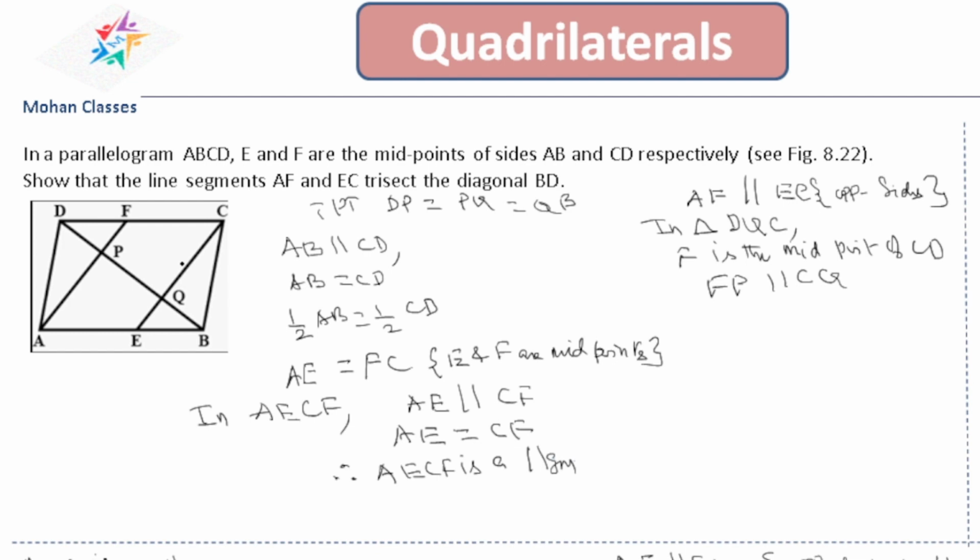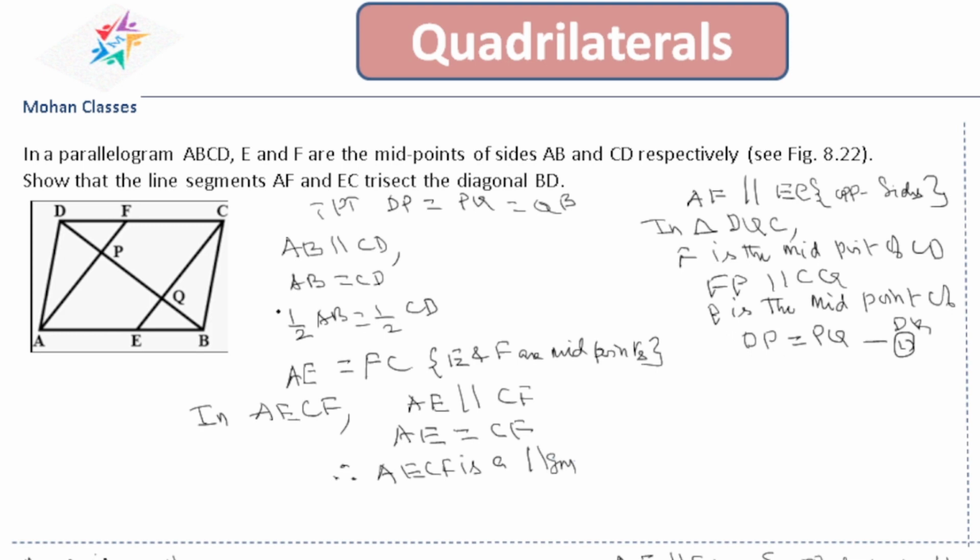That is the theorem. So that means P is the midpoint of DQ. So that means DP is equal to PQ. Clear? You keep it as 1.